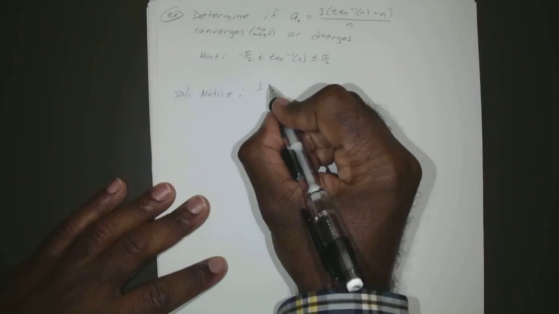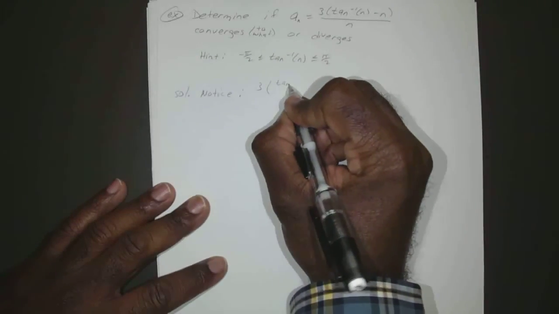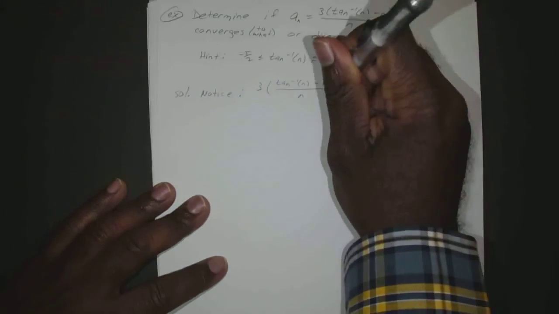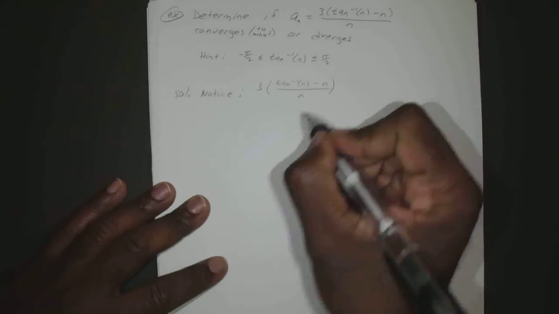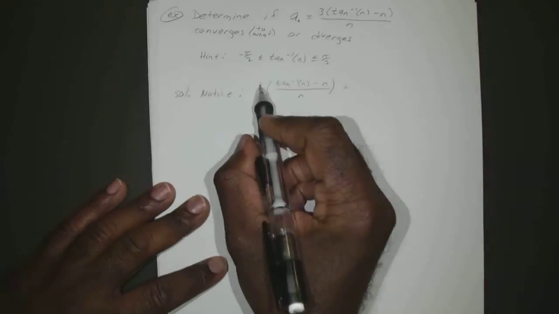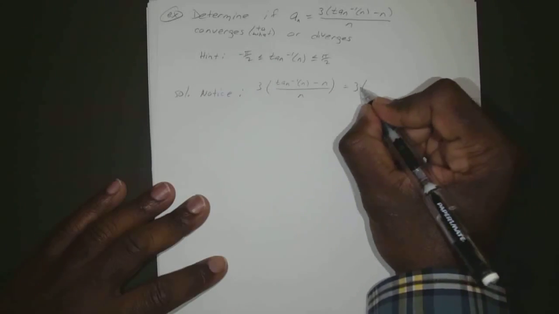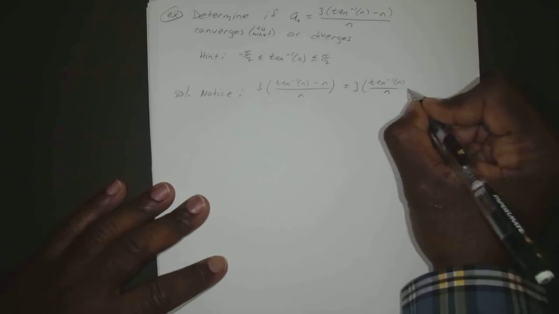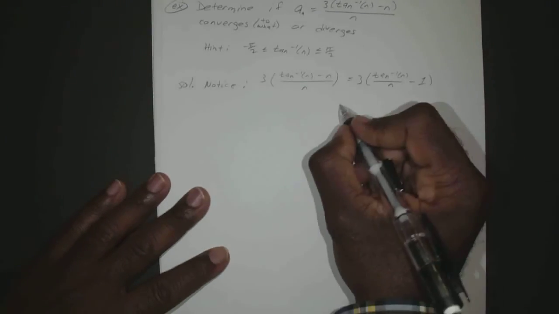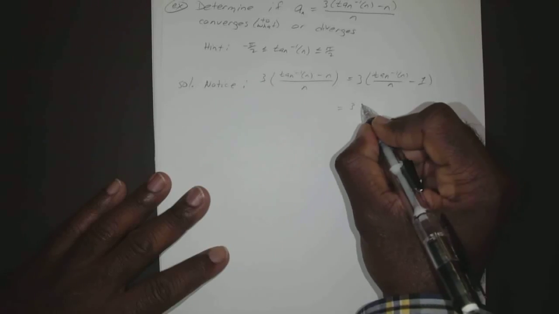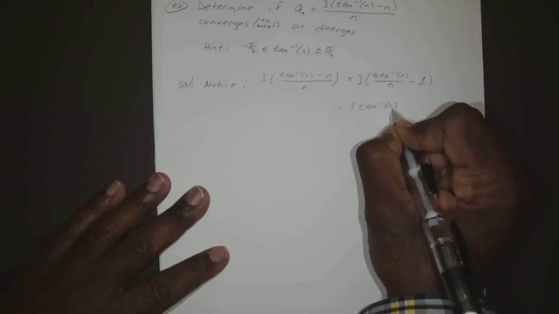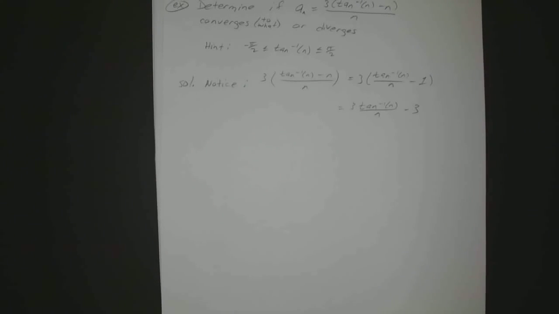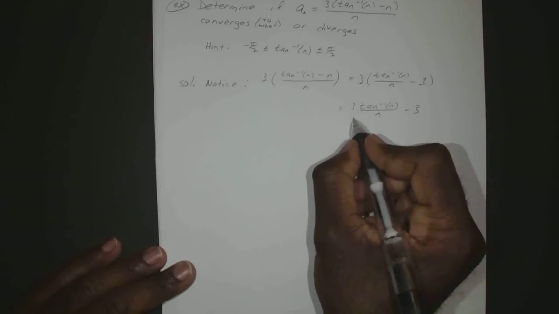So if you have 3 times tangent inverse of n minus n, divided by n, that just equals 3 times tangent inverse of n divided by n minus 1. Or you can just make it 3 times tangent inverse of n divided by n minus 3.